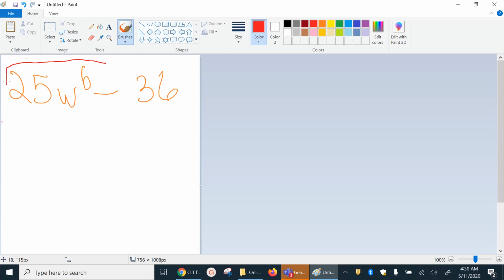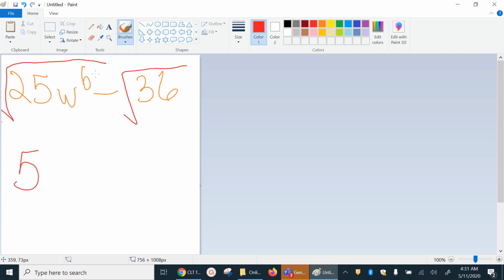So I take the square root of both terms. Now notice it has to have two terms, and you have to check that they're perfect squares. So the square root of 25 is just 5.